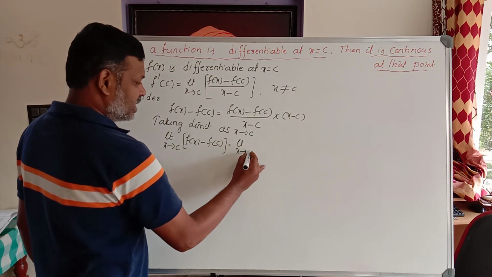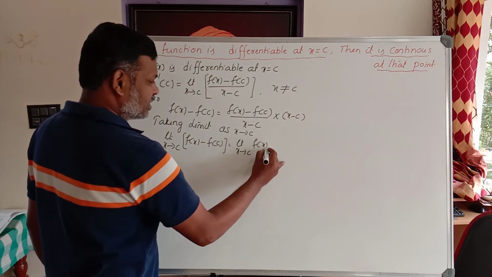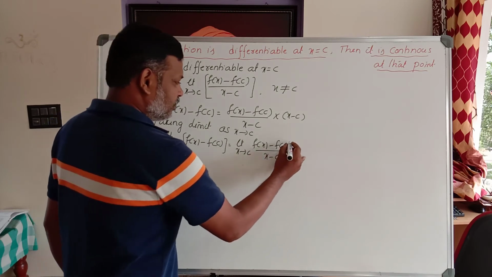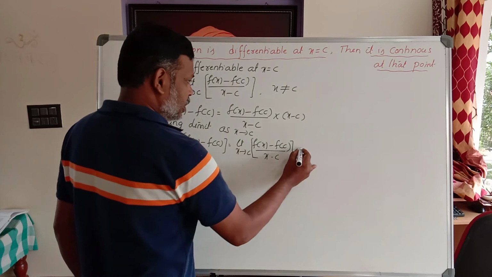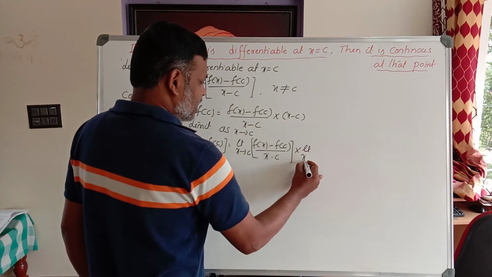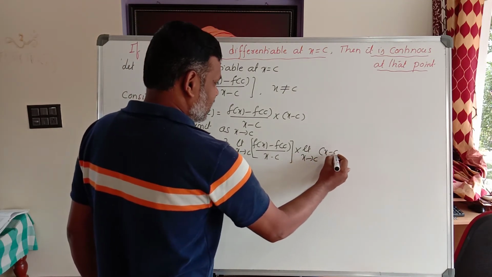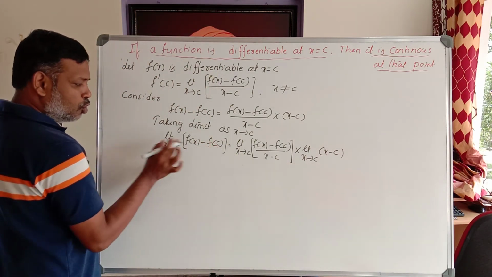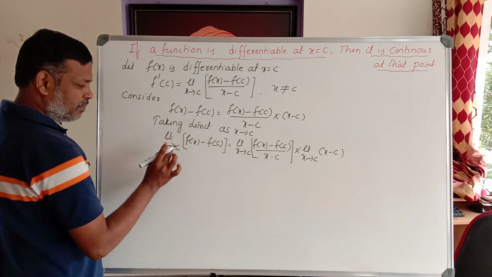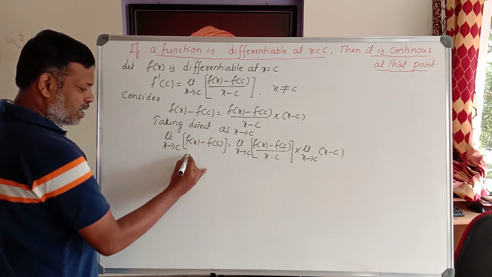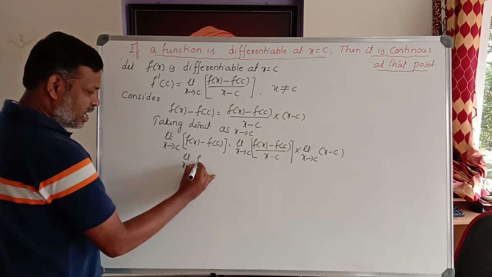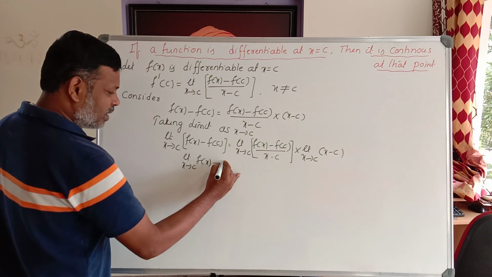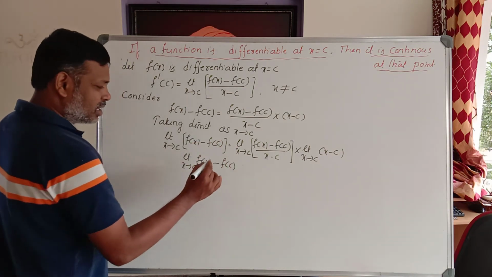Limit x tends to c, f of x minus f of c divided by x minus c, into limit x tends to c, x minus c. Now since f of c is a constant, there is no need of applying limit here. So limit x tends to c, f of x minus, no need of operating limit here, that becomes f of c itself since it is a constant.